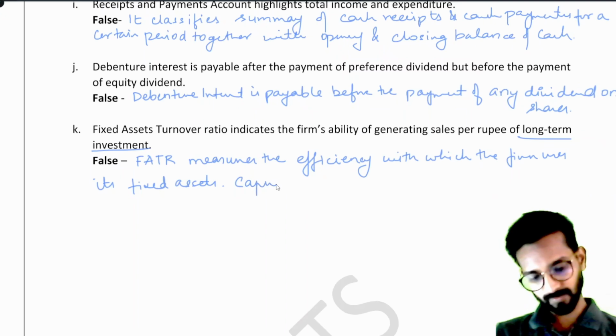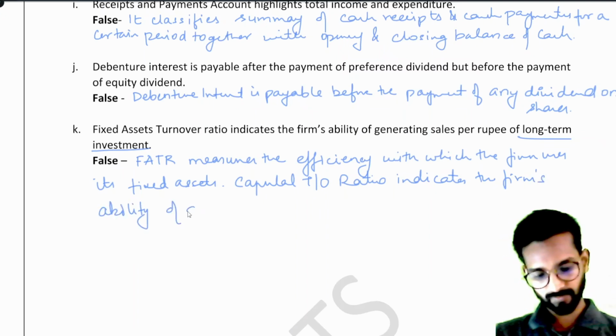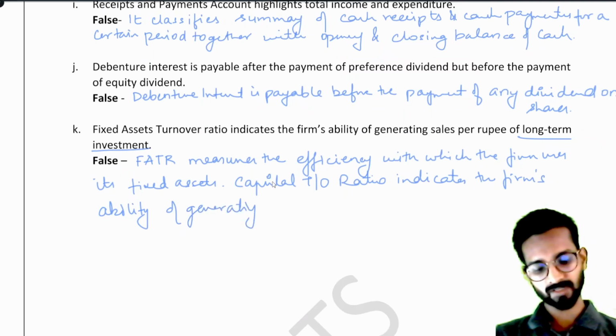Capital turnover ratio indicates the firm's ability of generating. See, this line what we are writing, this is extra only, okay?